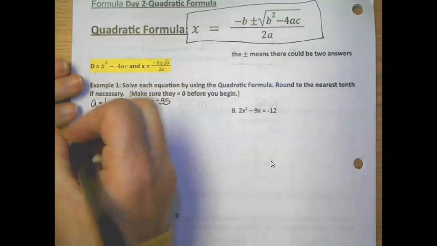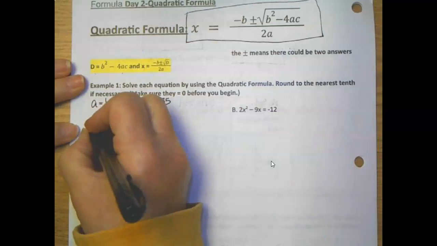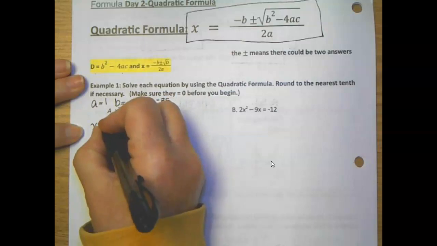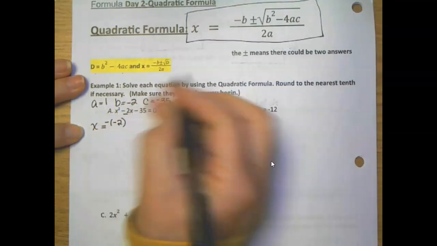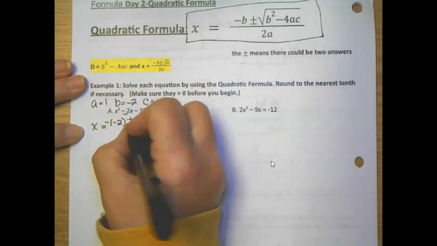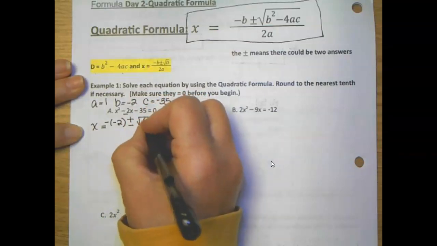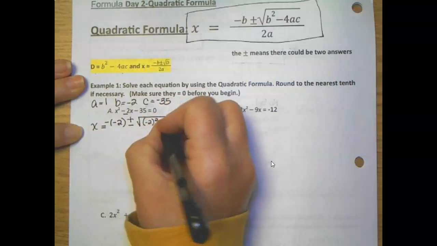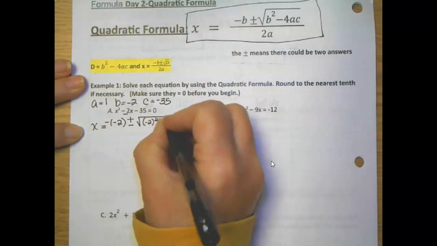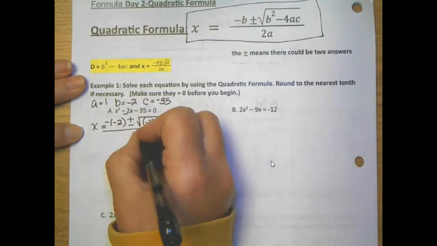All right, so x equals, because that's our solutions, or our roots, where it crosses the x-intercept. So x is equal to a negative b, so that would be a -2, plus or minus the square root of b squared, so -2 squared, minus 4 times a times c, all divided by 2 times our a.